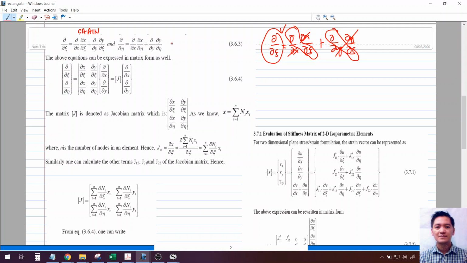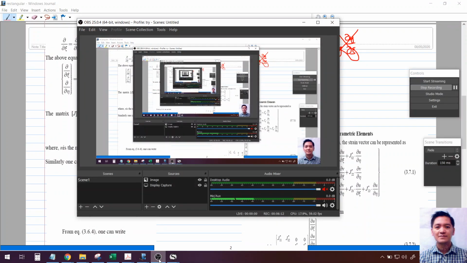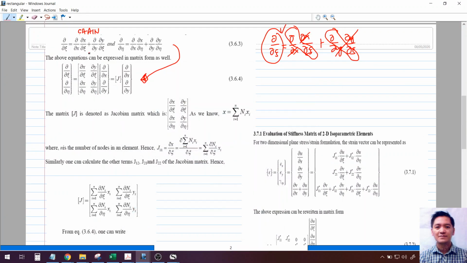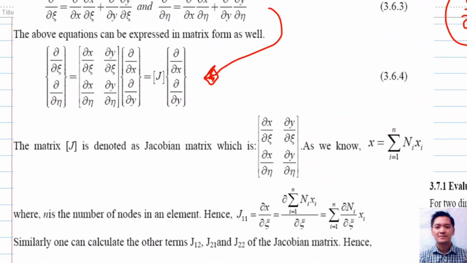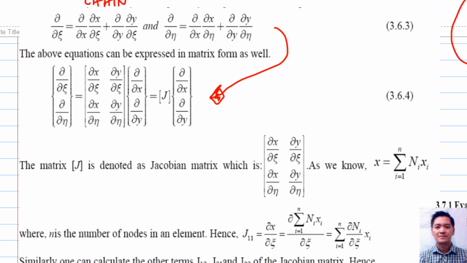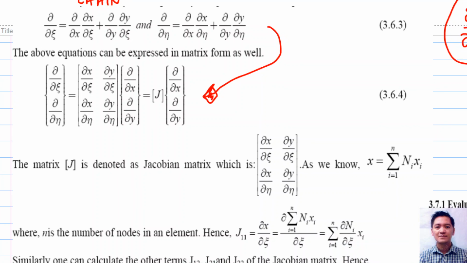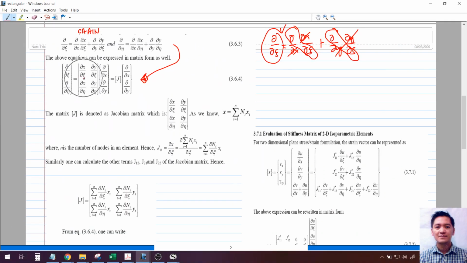In matrix form, you will come up with this: d/dxi over d/deta is equal to this matrix multiplied by a column matrix d/dx over d/dy.